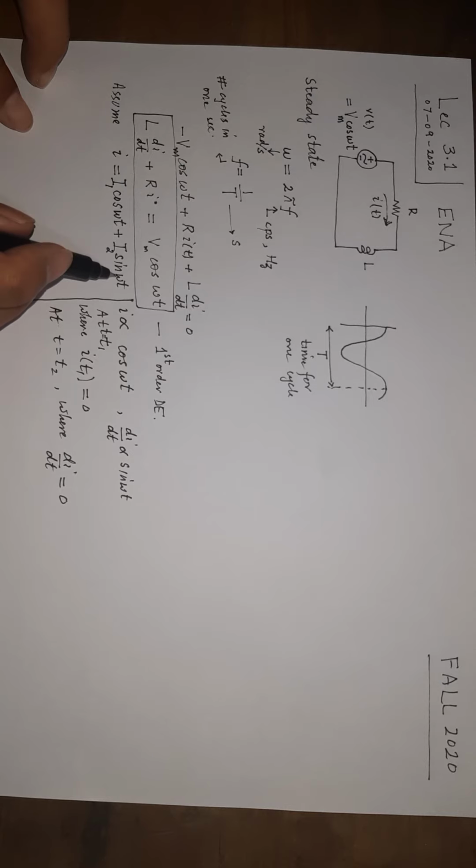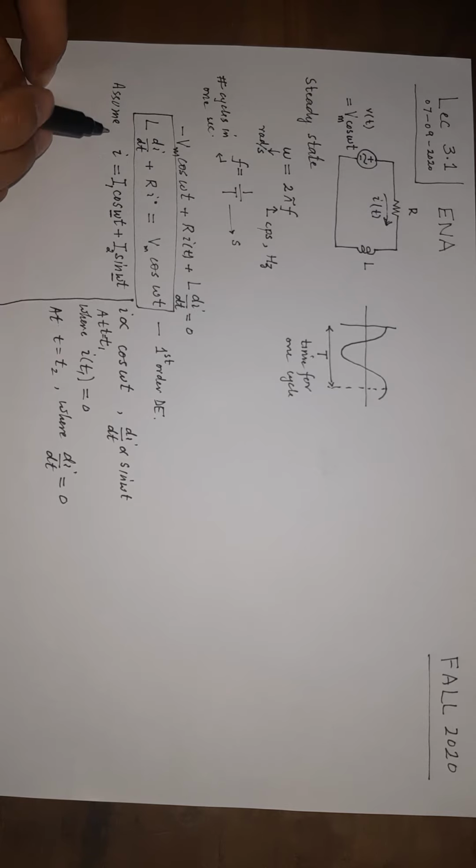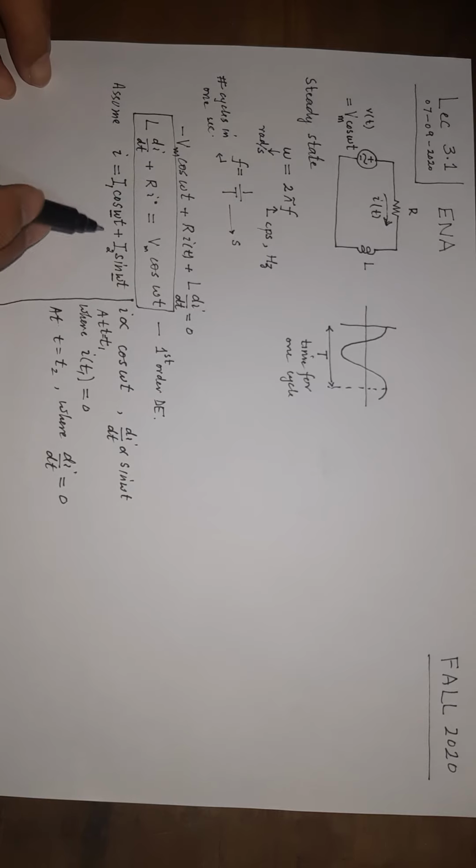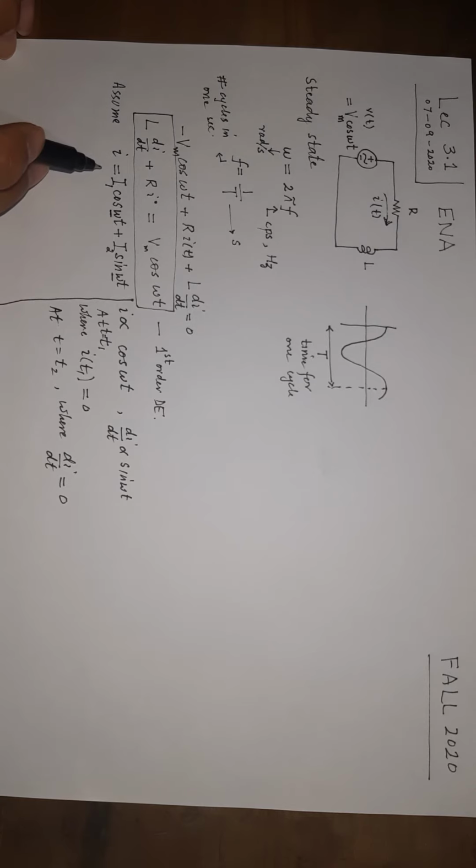Remember, the sum of sinusoids of the same frequency is equal to a sinusoid of the same frequency. This is a very important trigonometric thing, and I hope you can revise your trigonometry, the trigonometric identities for this. I will use some here, and I hope you will understand this pretty soon.